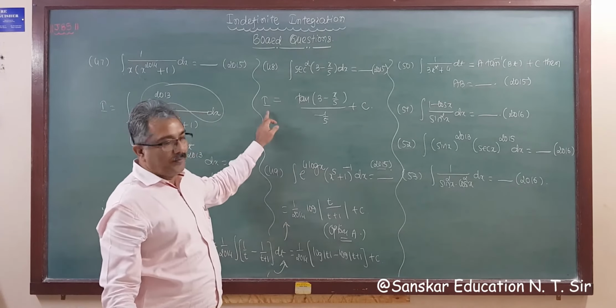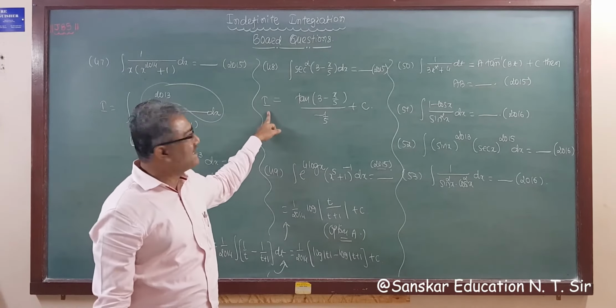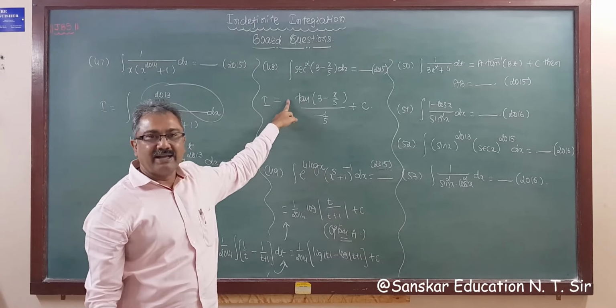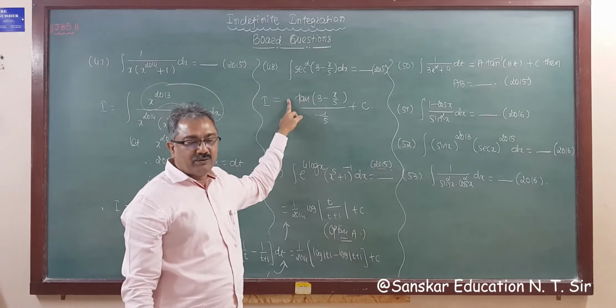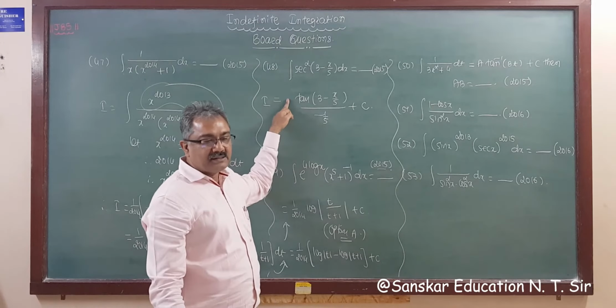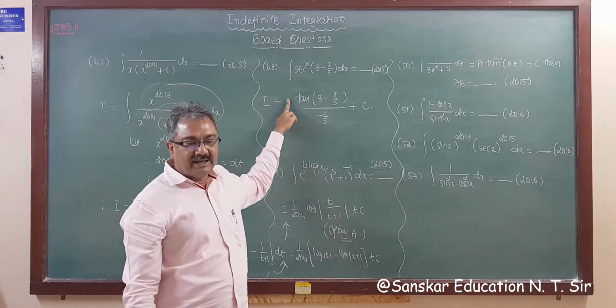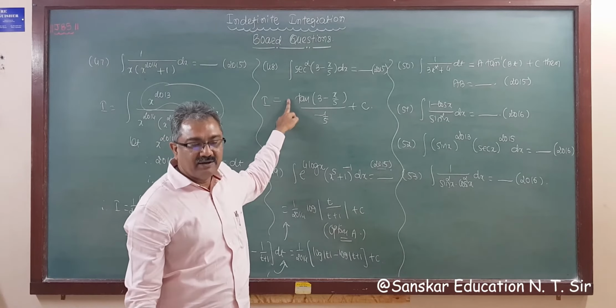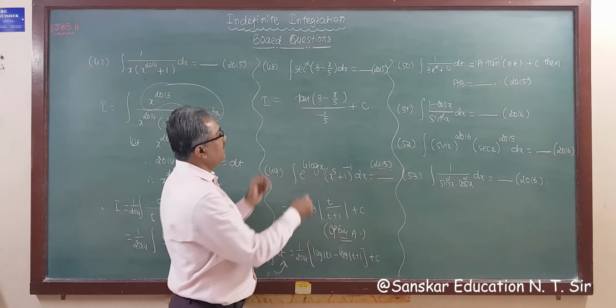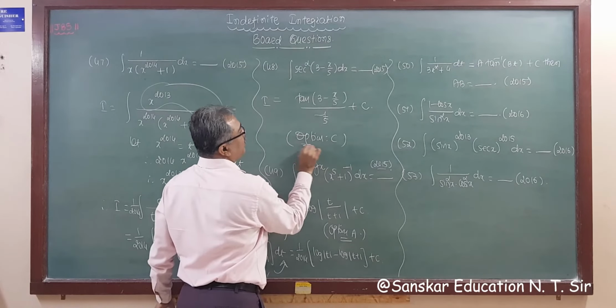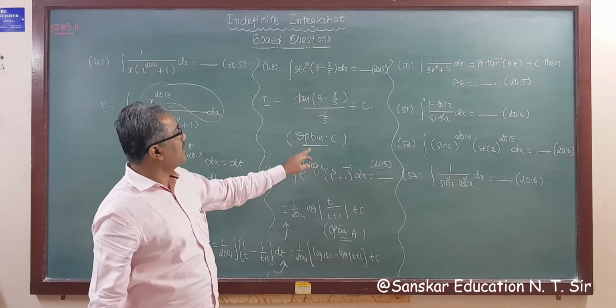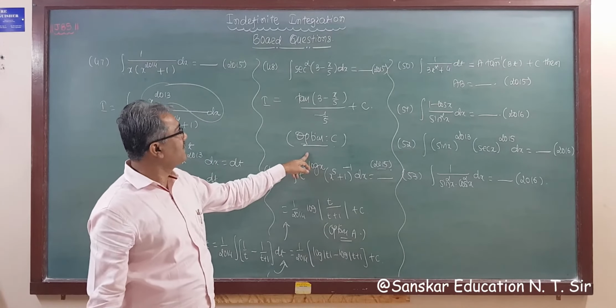So the proper answer of 48 is minus 5 times tan of 3 minus x by 5, that is option C. So change the answer in your pamphlet also, this is your correct answer.